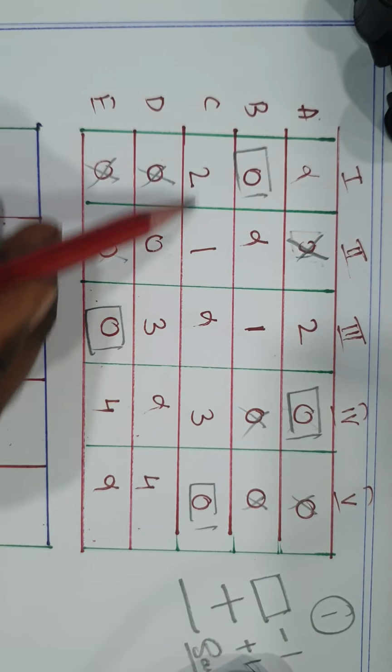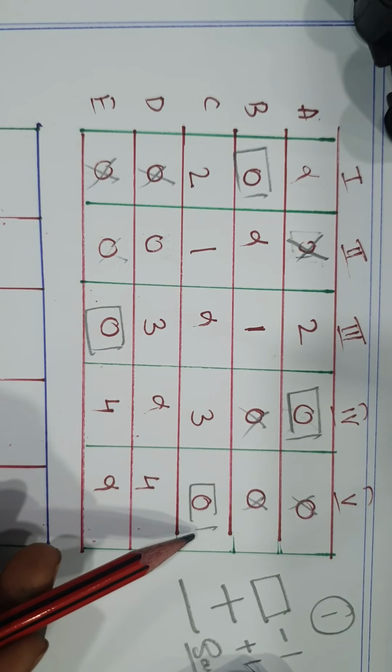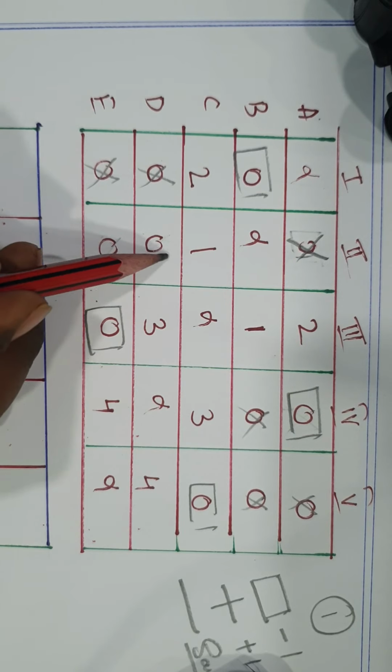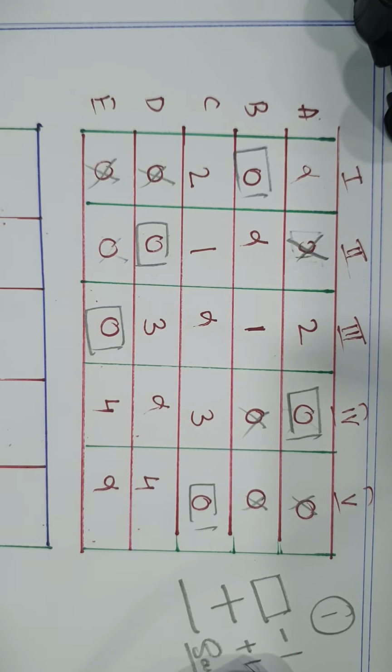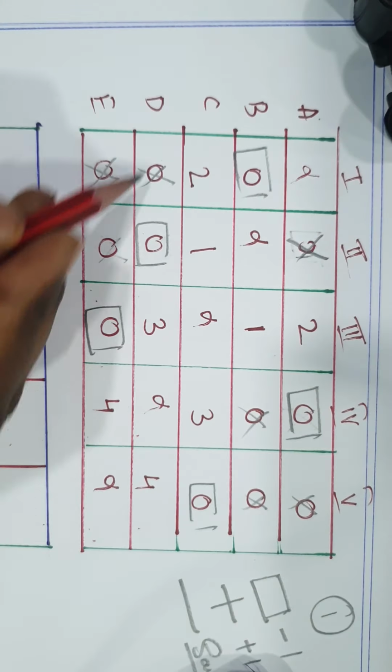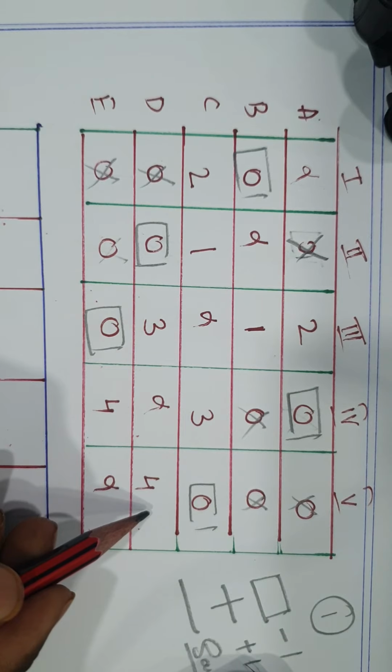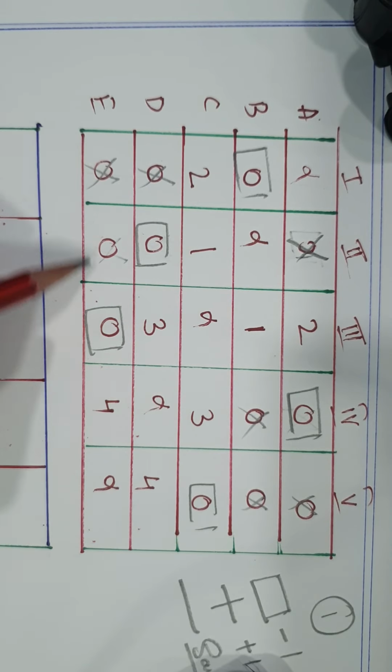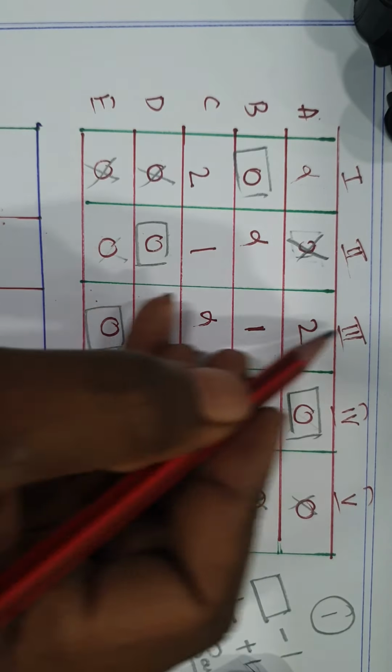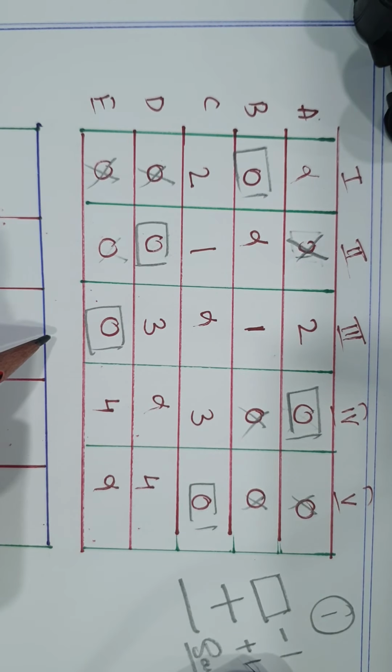In that row, in that column, if I am getting any 0, I have to cancel. Then fifth, I assign here, and the same.